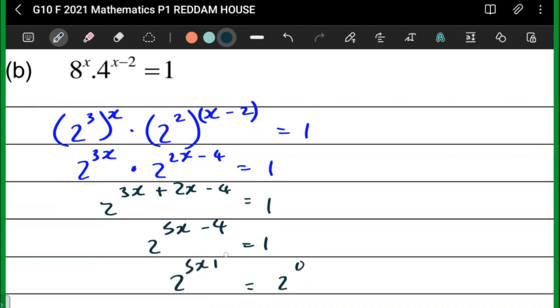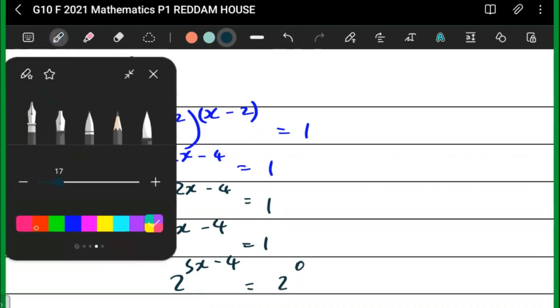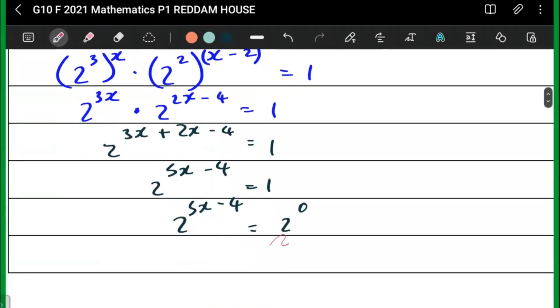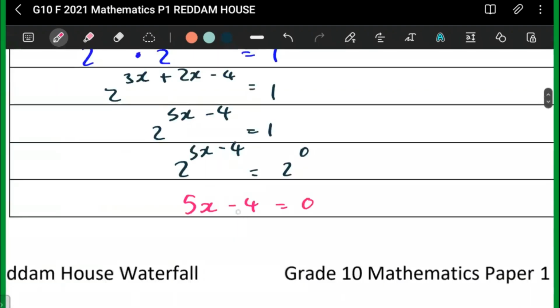So the reason why you would want to have a base of 2 is because as long as your base looks like what you have on the left-hand side, the next step here, you can drop the bases, meaning you'll have 5x minus 4 equal to 0. The minus 4 goes to the other side. It's going to be a plus 4.